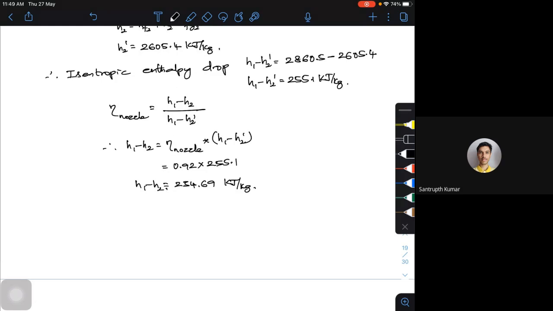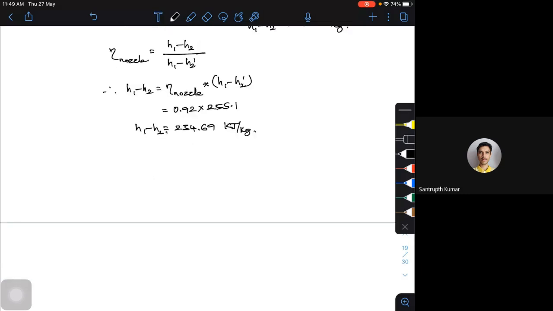Now, how to find your velocity? So here, we know that the exit velocity is given by V2 square minus V1 square by 2 is equal to H1 minus H2.